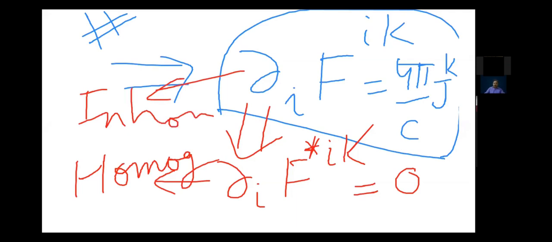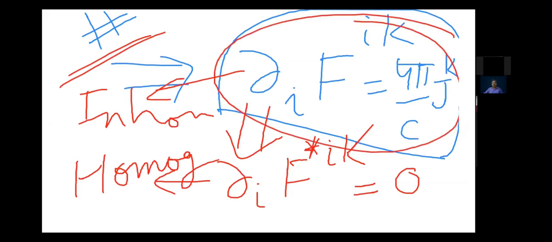So you should at least try to do these, and also from here you can find out the conservation of charge, right? The local conservation of charge. Because if you take del_k on both sides, you can show that del_k j^k is equal to 0, right?